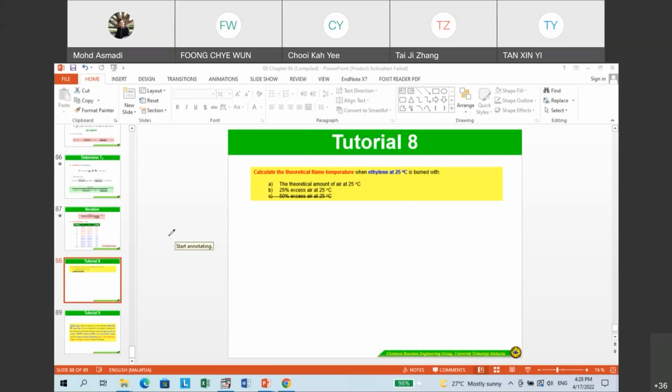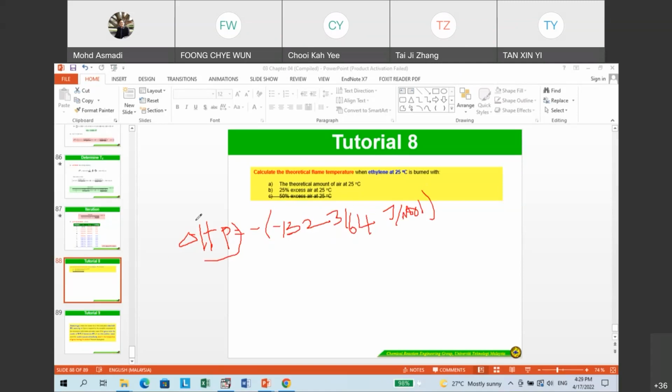So that means delta HP equal to negative 132.3164 joule per mole.